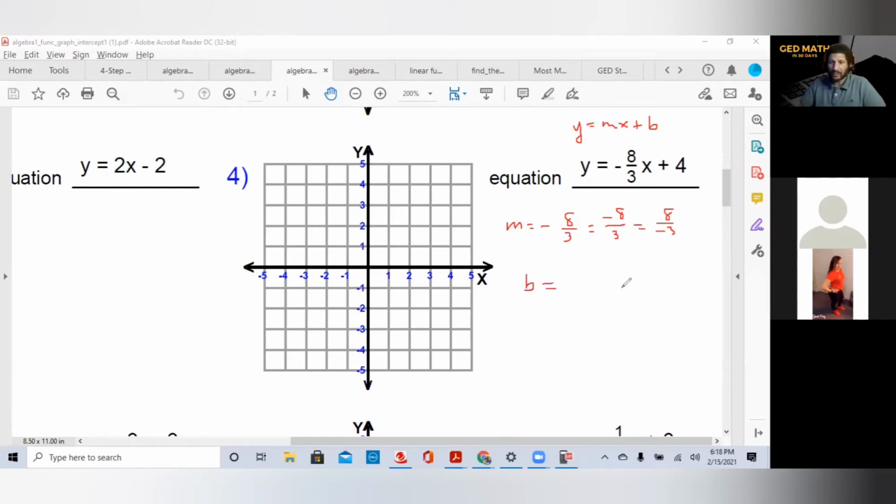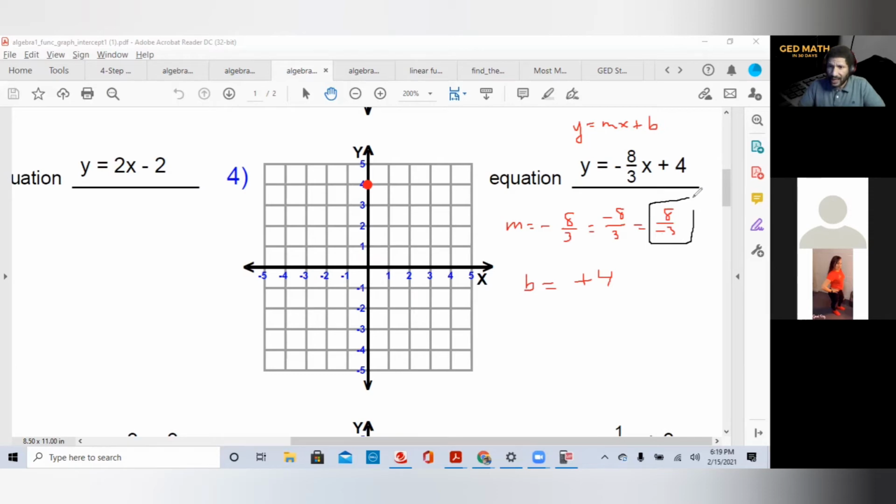What is our y-intercept? +4. So our first point on our graph is going to be +4. So this is very important that you understand that. That's a wonderful question, Anna. So now if we tried to use this slope, let me change my color.